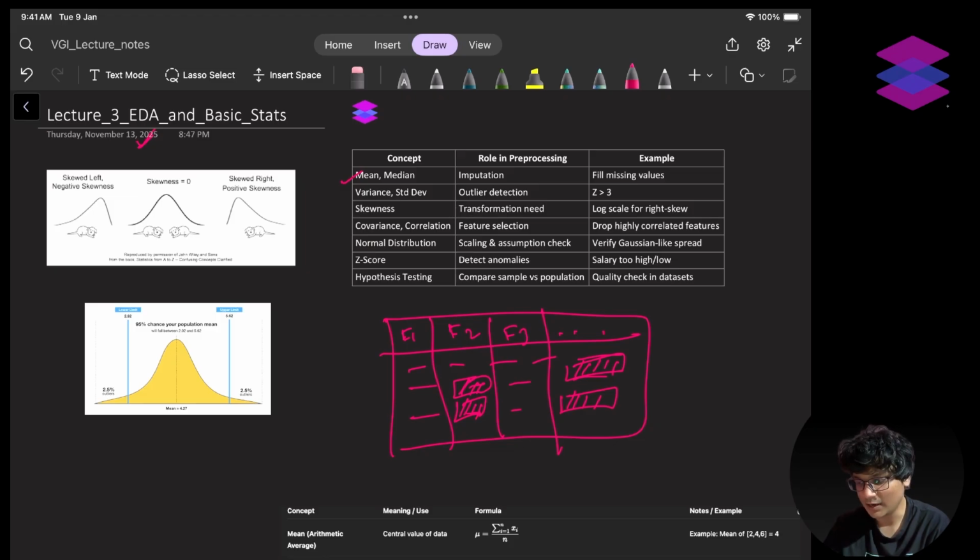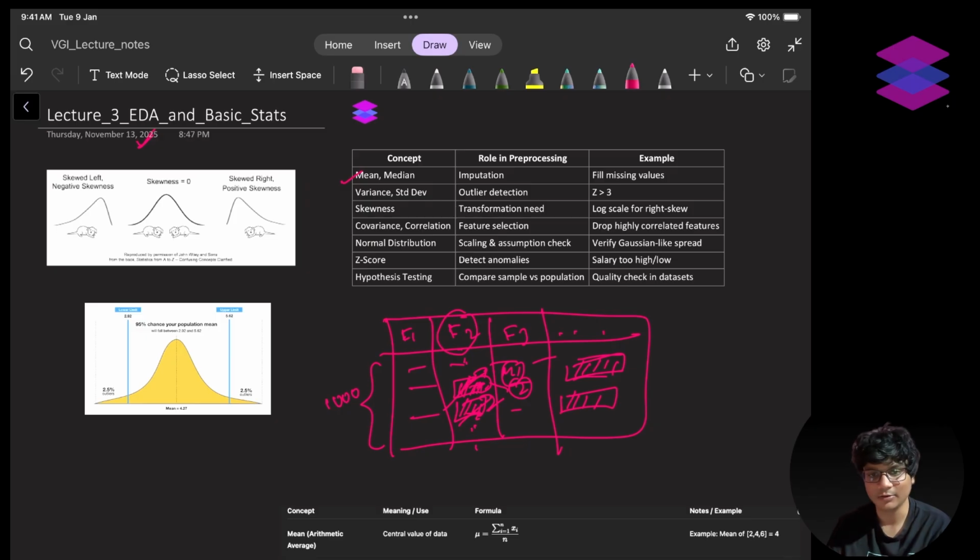So let's say that out of 1,000 rows, these two rows are where the data is unfulfilled, okay. So you take the mean of all the remaining elements other than these two null values, and you put the mean value into the null value, okay.